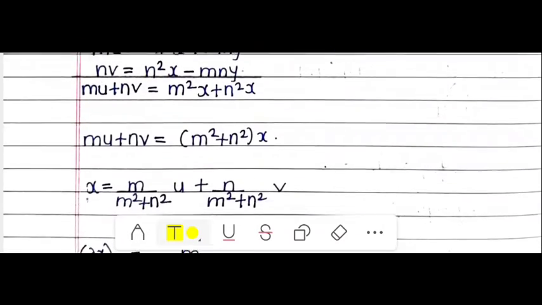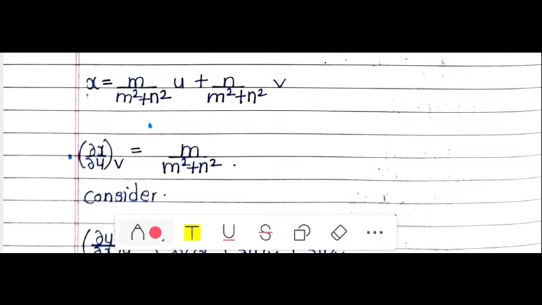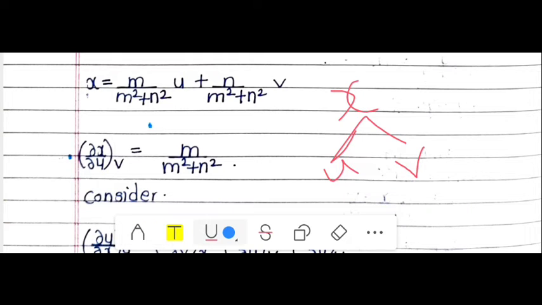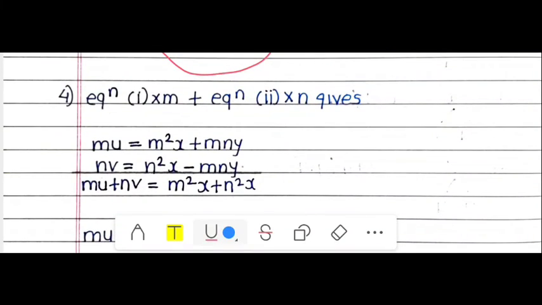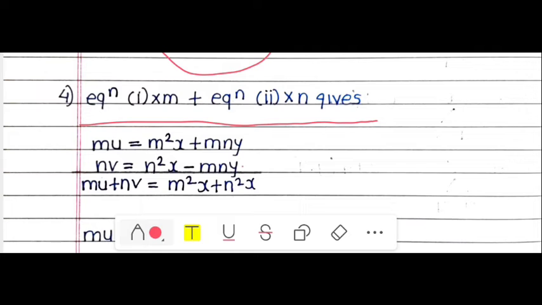to find the fourth derivative we require x as a function of u and v. So for that we eliminate the y variable. To eliminate y, we perform equation 1 multiplied by m plus equation 2 multiplied by n. Equation 1 multiplied by m gives m into u is equal to m square x plus m into n into y.